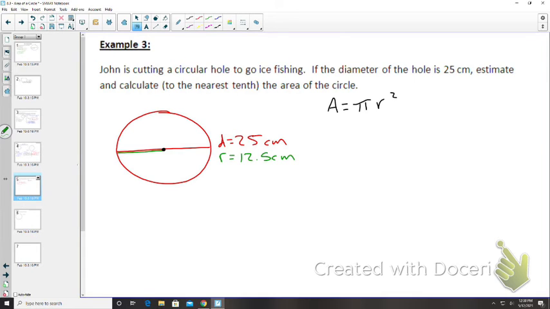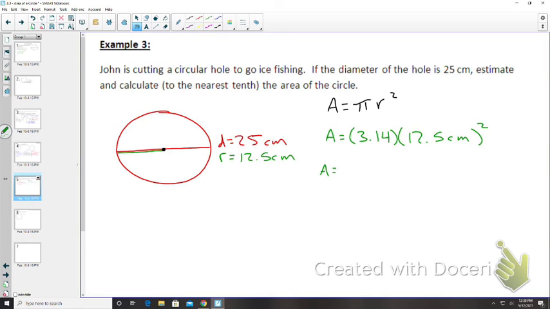So if you know the diameter, you can calculate the radius. Now that we know the radius, we can find our area. Area is equal to pi, which is 3.14, times the radius squared, so 12.5 centimeters squared. Again, make sure you're only squaring the 12.5 centimeters.